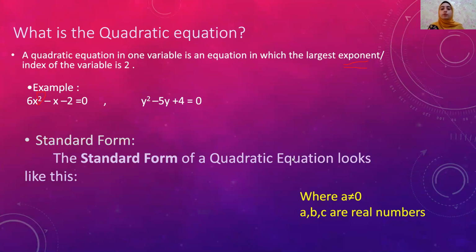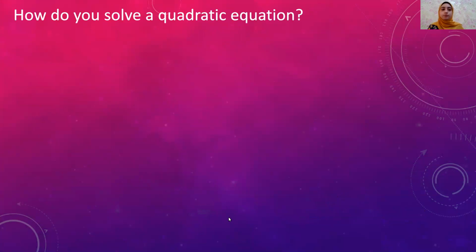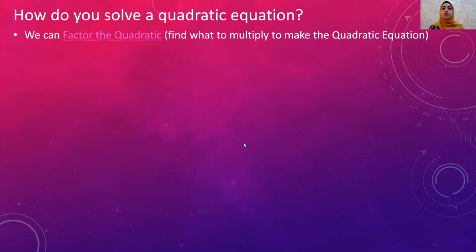The standard form for a quadratic equation looks like this: ax squared plus bx plus c equals 0, where a doesn't equal 0. A, b, and c are real numbers. Okay, how do you solve a quadratic equation? We have 3 methods.